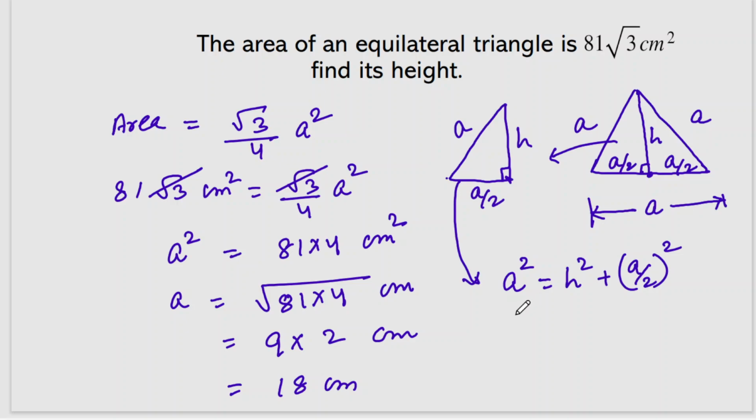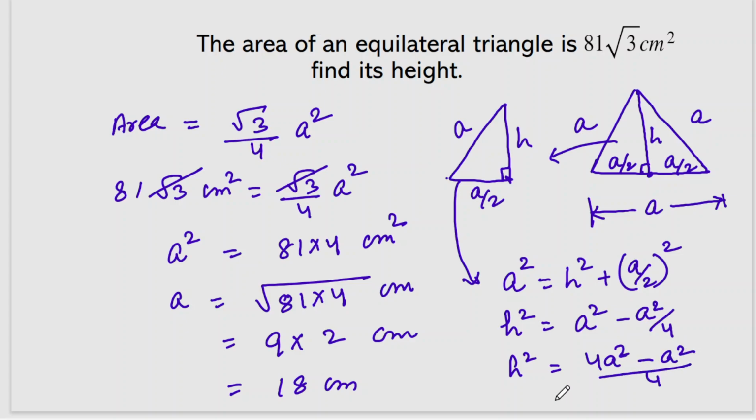Now from here I can write h square equals a square minus a square by 4. So h square will be equal to 4a square minus a square by 4.